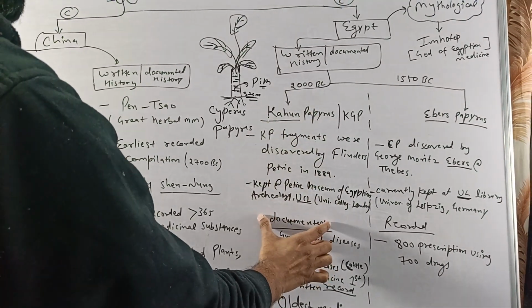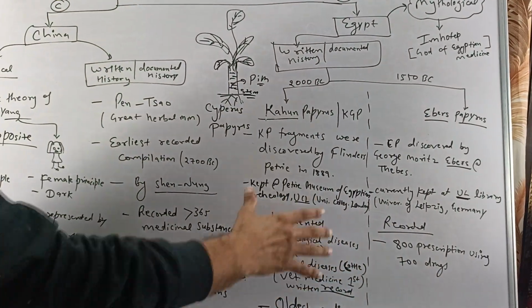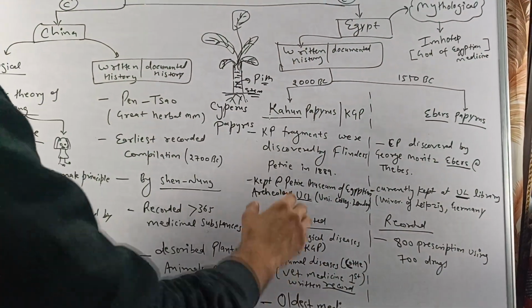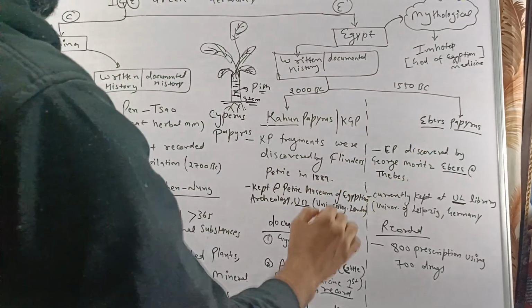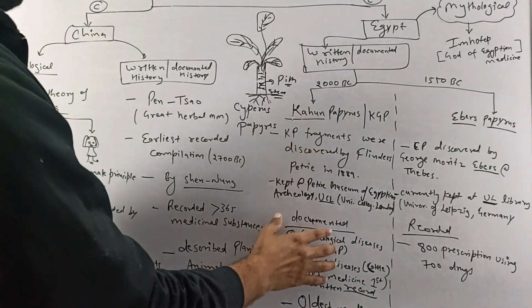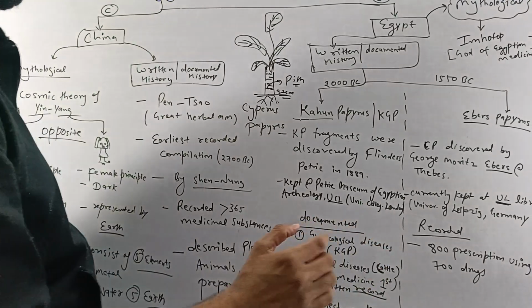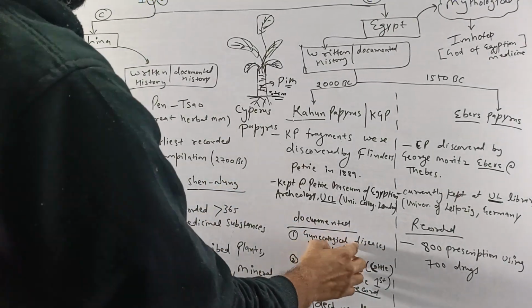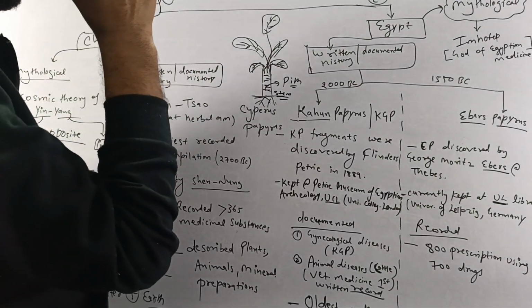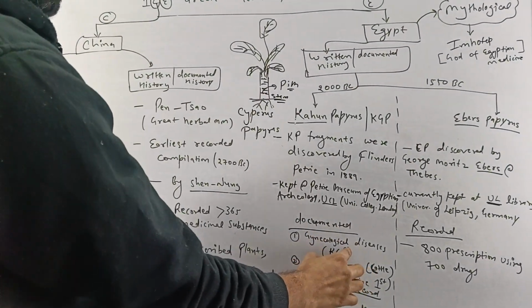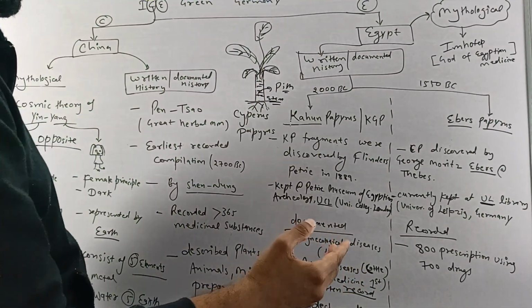So what is documented on these two papers, KP and EP? The Kahun papyrus mainly records gynecological diseases, the diseases related to women, like pregnancy, contraception, and some obstetric problems.